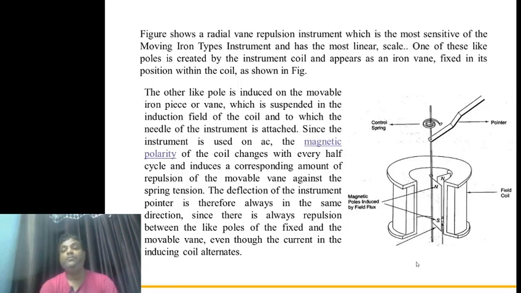Actually, when the polarity of the current is changed, then the polarity of the poles will also change. N becomes S, S becomes N. So in every case, there is a repulsion between the moving vane and the fixed vane.